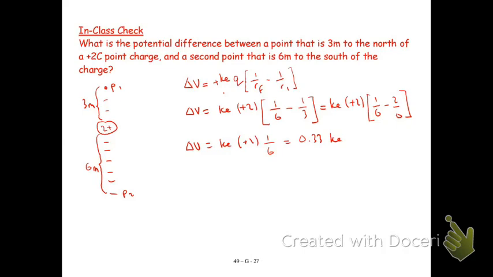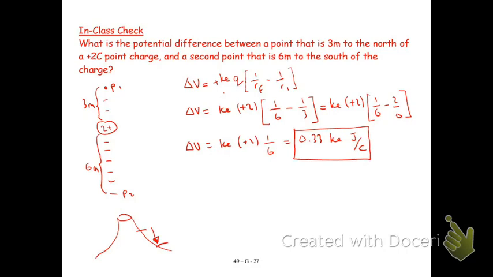What would the units be? Joules per coulomb, or volts. Really better to be volts. I'm going from a positive charge and I'm going downhill. Okay? Going from a positive charge and I'm going downhill.